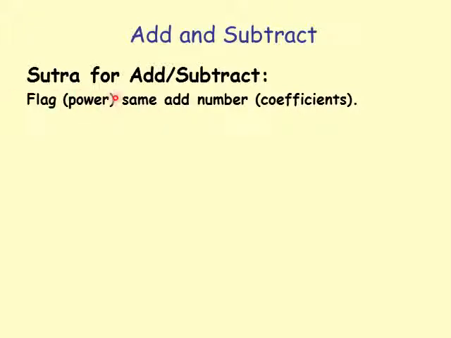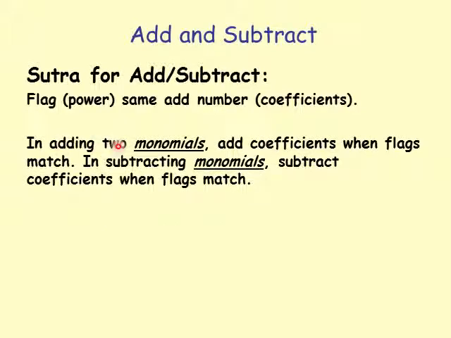If the two monomials are joined by either plus or minus and they have the same flag value, we can add the coefficients or subtract the coefficients. In addition of two monomials, add coefficients when flags match. In subtracting monomials, subtract coefficients when flags match.